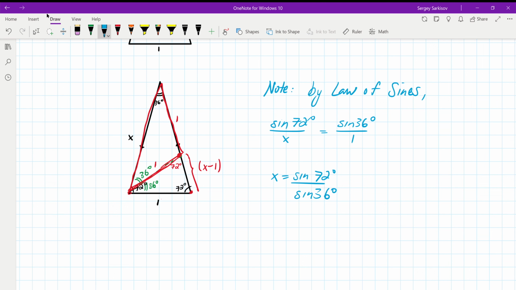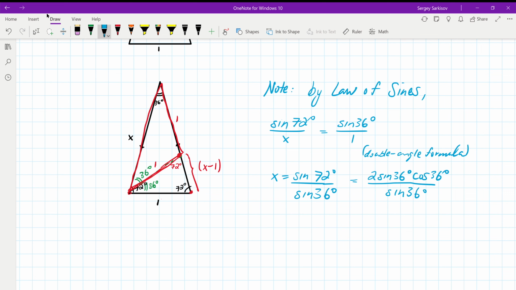I know I'm going a little quickly here, but this is by the double angle formula. You know double angle formula, anyone? Sine 2 theta is 2 sine theta cosine theta. So the double angle formula applied here gives you that the top is double 36, so you have 2 sine 36 degrees cosine 36 degrees all over sine of 36 degrees.